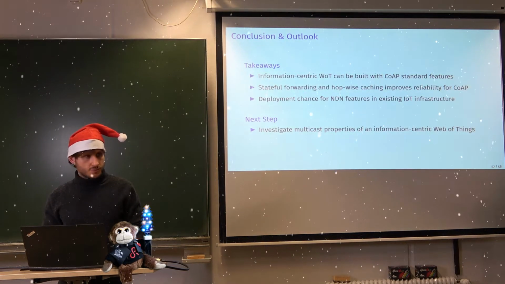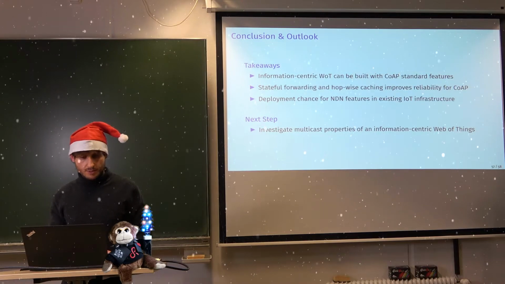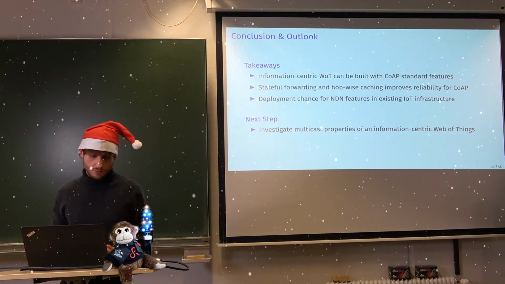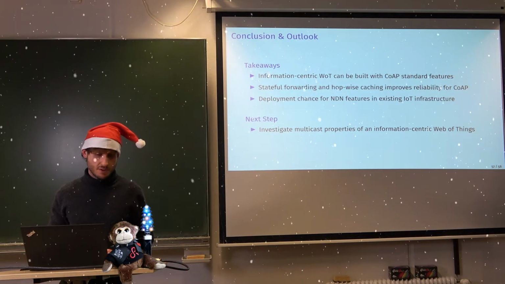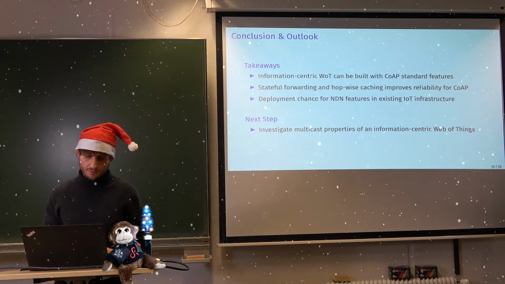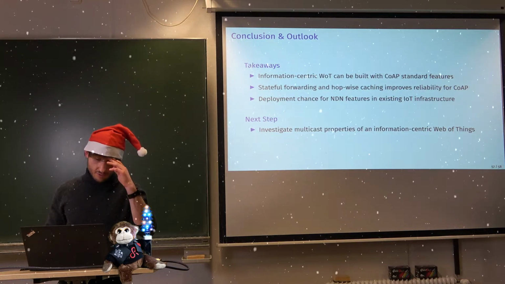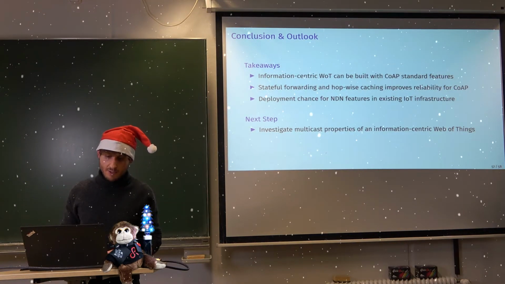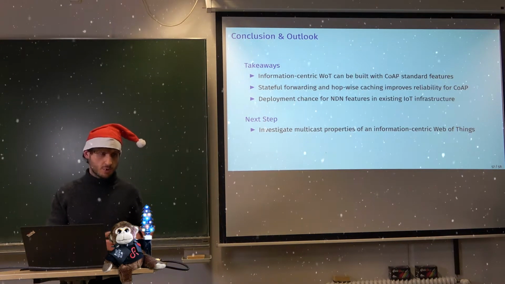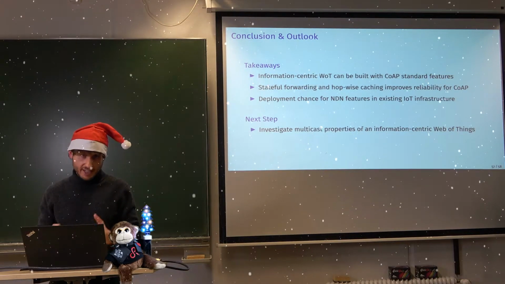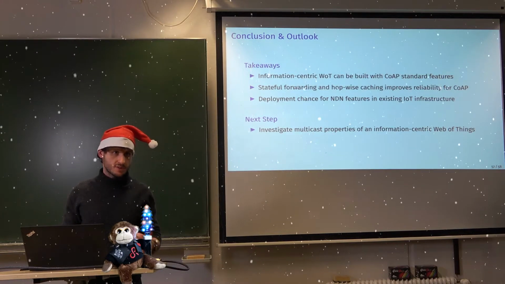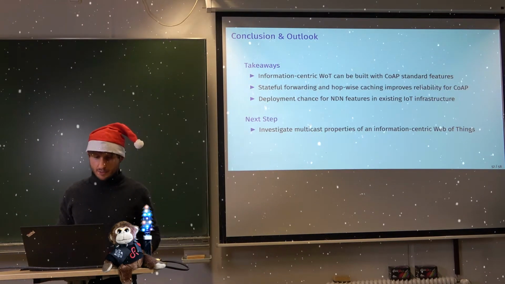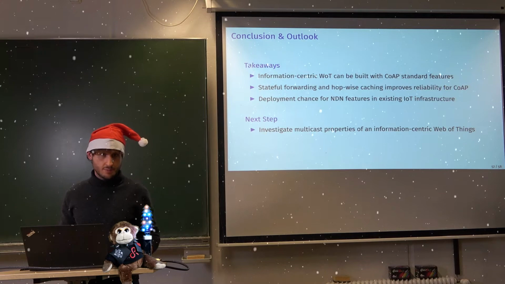Now, we saw all the features that we looked into in the papers, and the takeaways are that the Web of Things using information-centric properties can be built using only RFC-compliant CoAP features: the proxy, the caches, the communication flow, the GET methods.